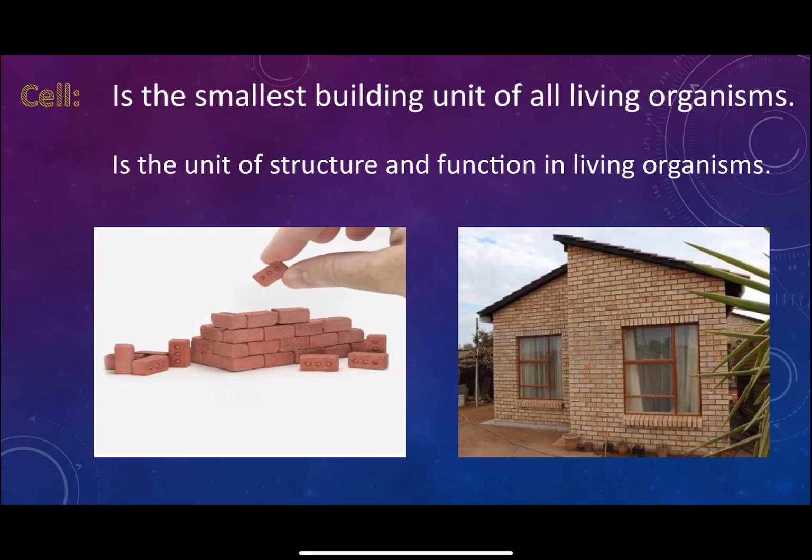As a cell, I can define it as the smallest building unit of the human body. So the brick is like the cell, and the human body is like the building. The cell acts as the brick and the human body acts as the building. I hope you got it.